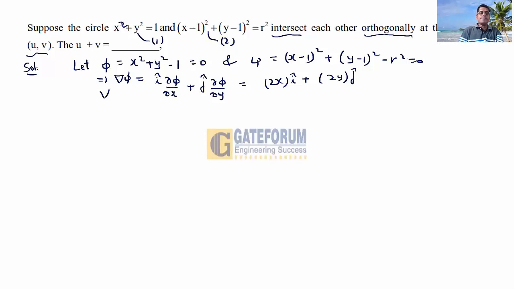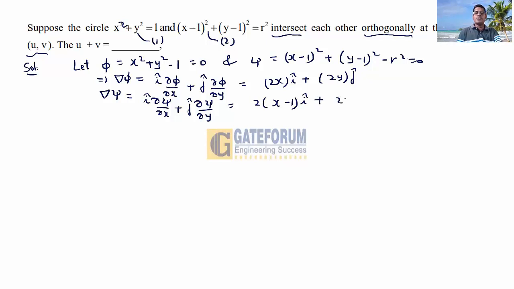Similarly, grad psi is i cap dou psi by dou x plus j cap dou psi by dou y. Partially with respect to x, psi gives 2 into x minus 1, and partially with respect to y, we get 2 into y minus 1. So 2 into x minus 1 i cap plus 2 into y minus 1 j cap. For the curves to intersect each other orthogonally.